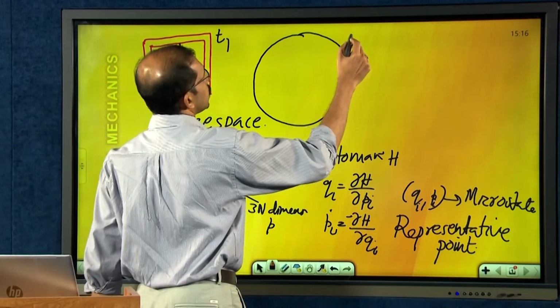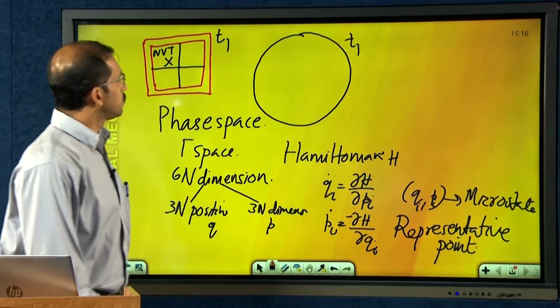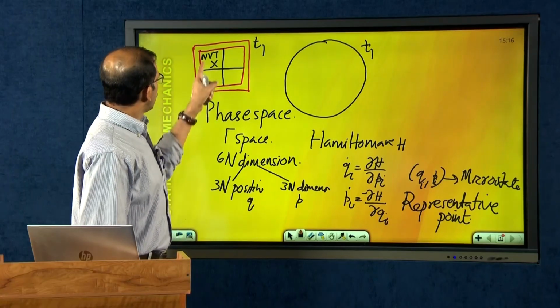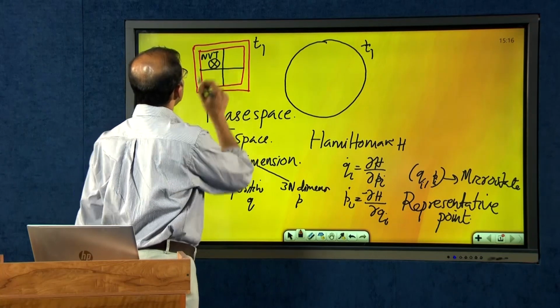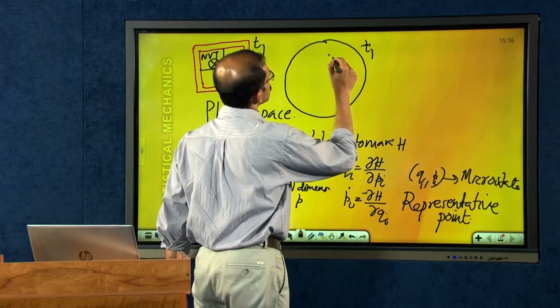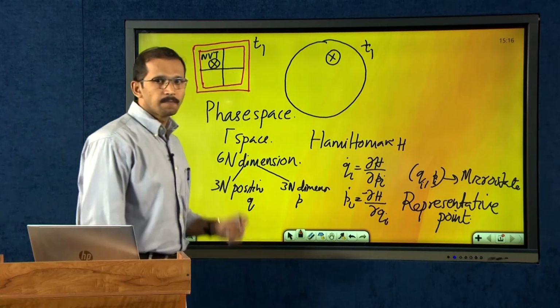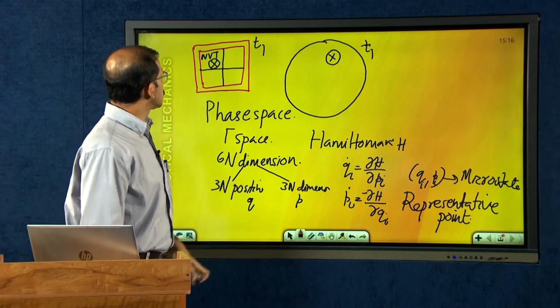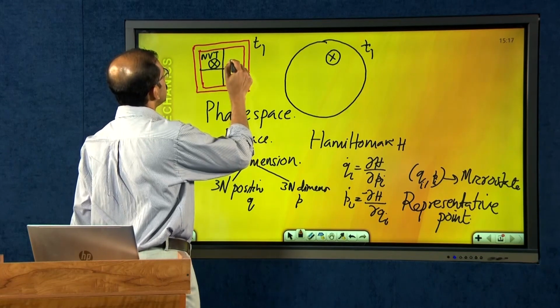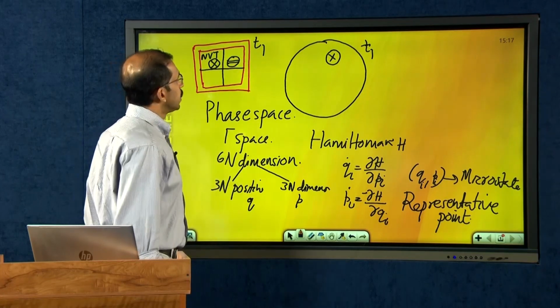So, naturally I should be putting the time t1 here also, and therefore, I can now extend this microstate which I represented by a cross over here. Now, I have the other three ones. Say I represent this one by this symbol.